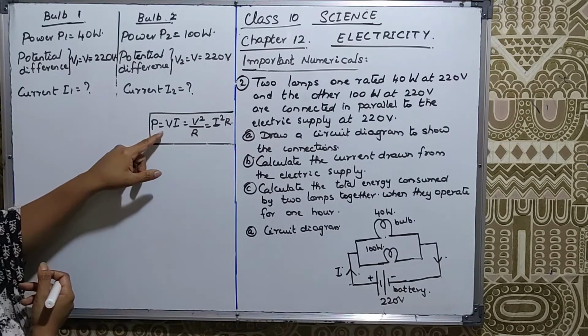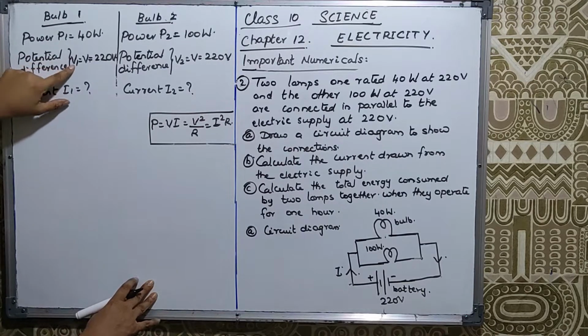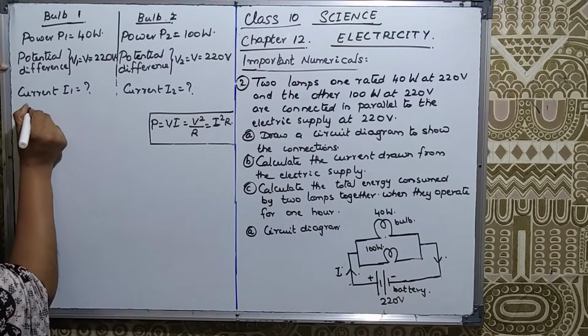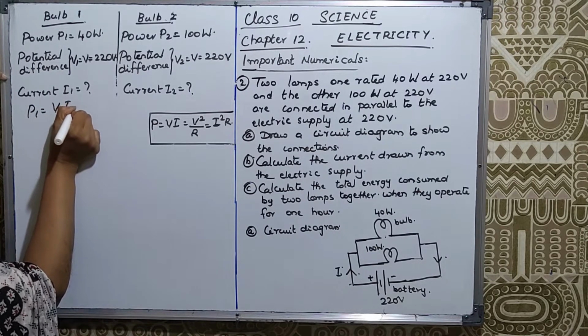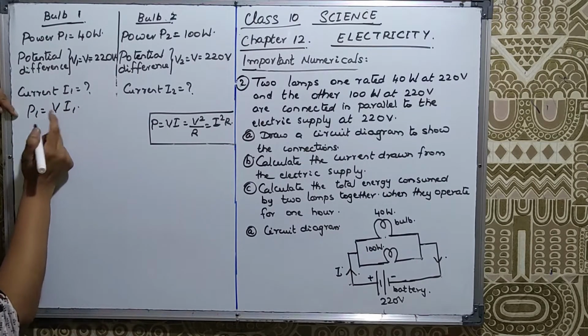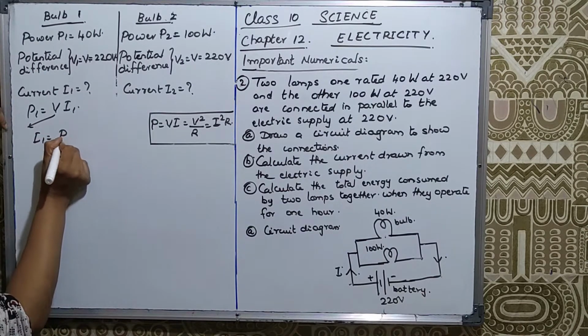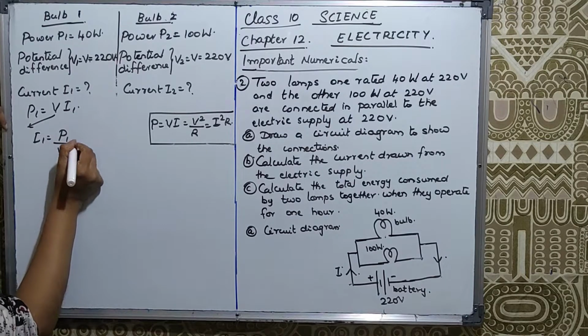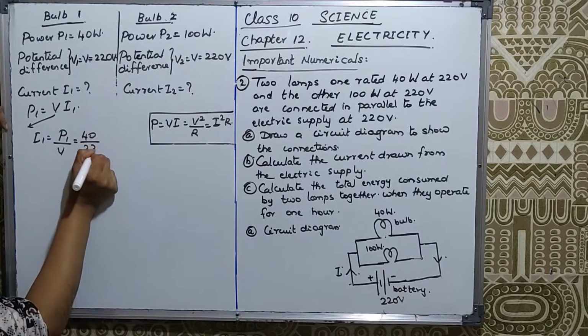We'll use the formula P equals VI, because we know P1 and V1. So P1 equals V into I1. To find I1, take V to the denominator: I1 equals P1 by V. P1 is 40 divided by V, which is 220.